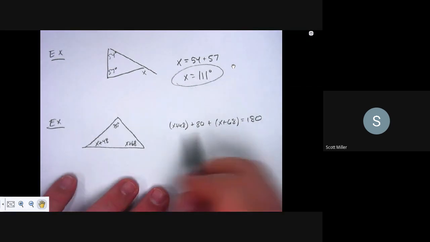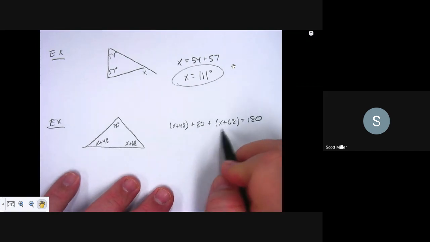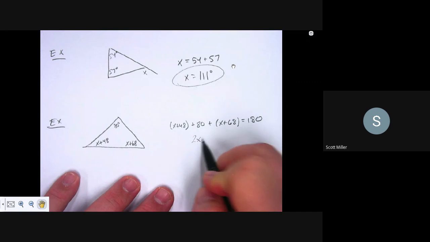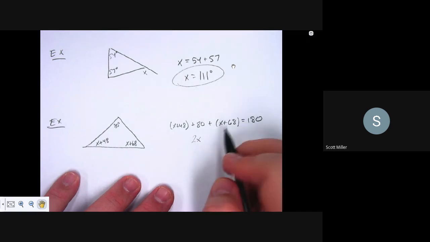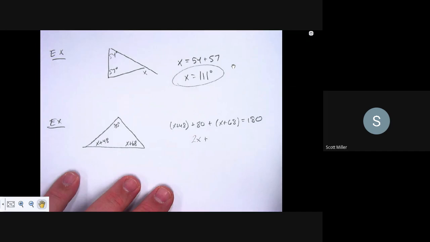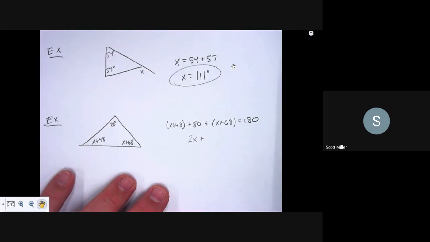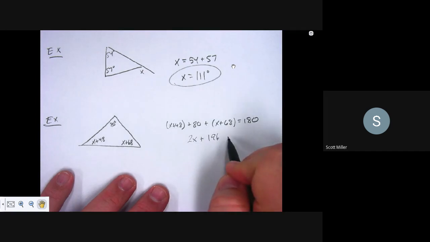So you start combining like terms and moving things around and see what we come up with. So I have a 2x and then add all these up. This is going to be interesting. I pulled this off of a good worksheet, and it's kind of interesting to me. 196.